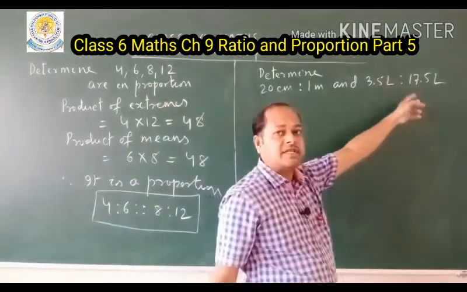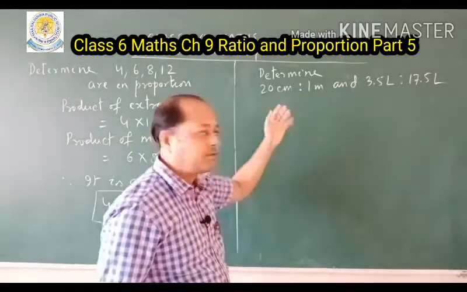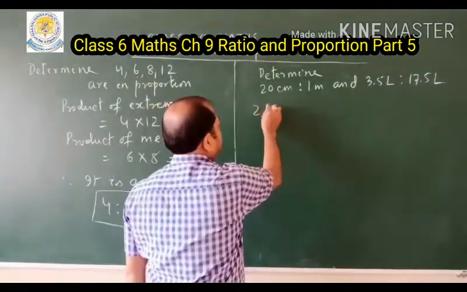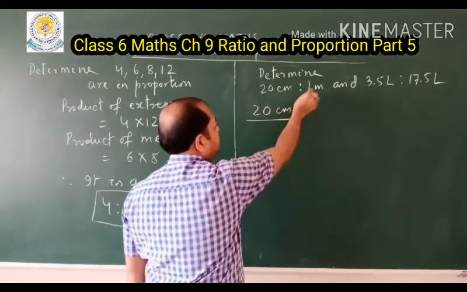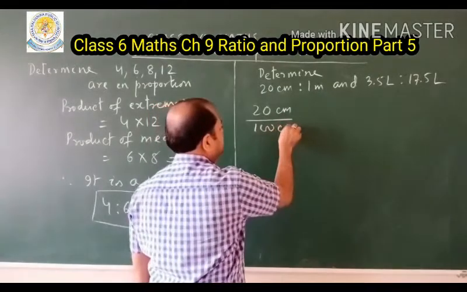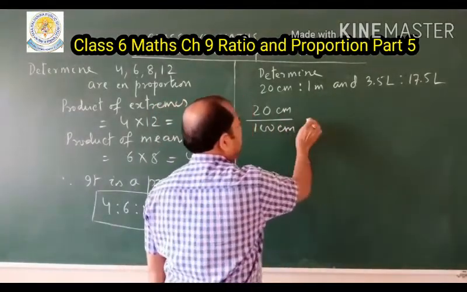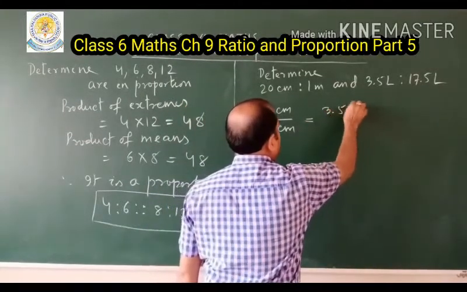In the second ratio, these are in the same unit, but here these are not in the same unit. So make it the same unit. 20 centimeter, and 1 meter is how much centimeter? 100 centimeter. And here, equal to 3.5 liter upon 17.5 liter.